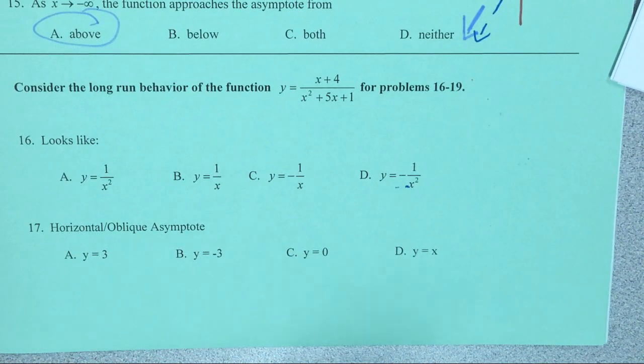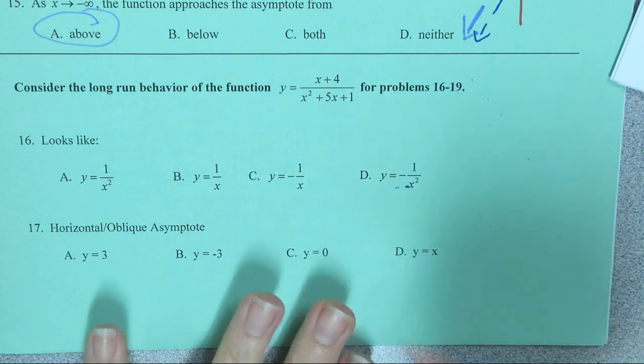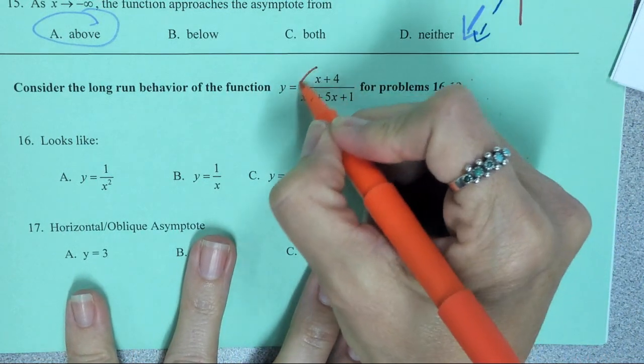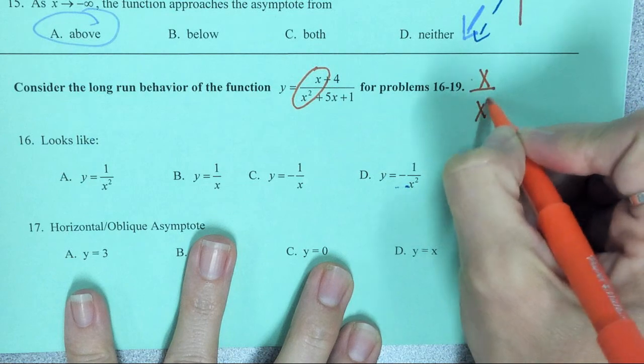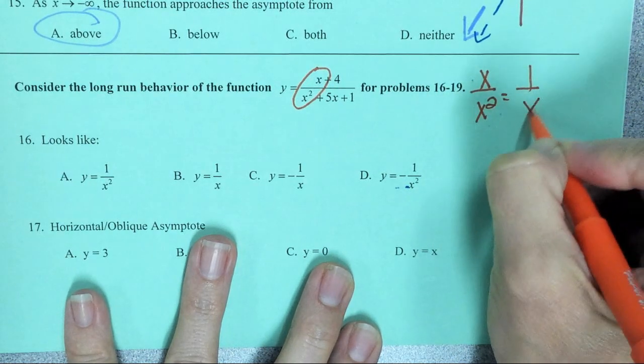Okay, let's go look at 16 and 17. On 16 through 19, it says consider the long-run behavior of this function. Well, this is actually a lot nicer. On this particular problem, I can reduce by looking at my leading coefficients. And it reduces, if I write it down as x over x squared, to 1 over x.